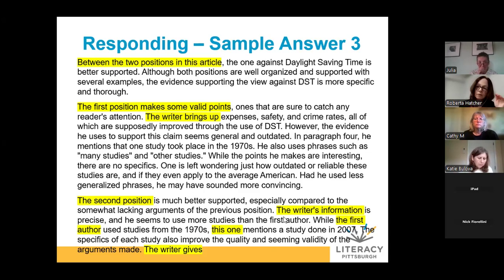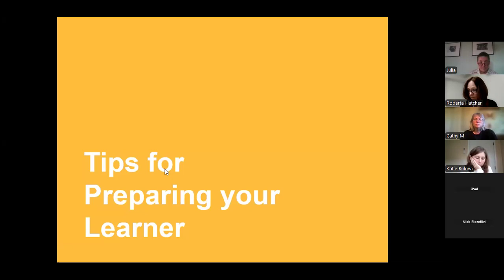It's referring to the author. It's referring to the writer. It is entering the conversation. So I have some suggestions for how you can use this framework of a conversation to prepare your learner.